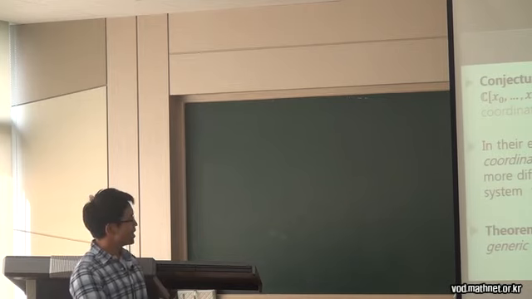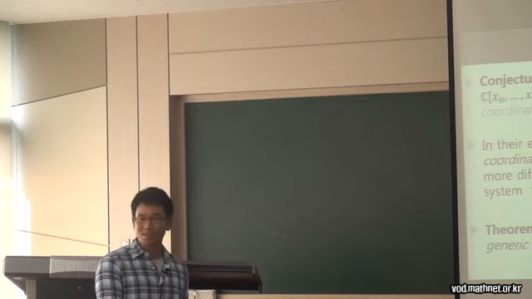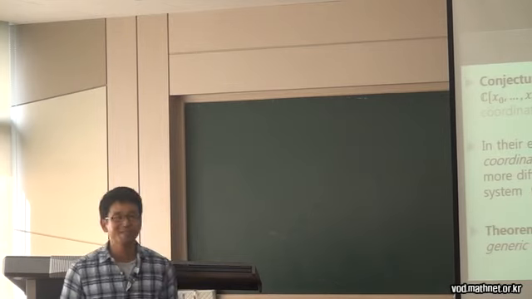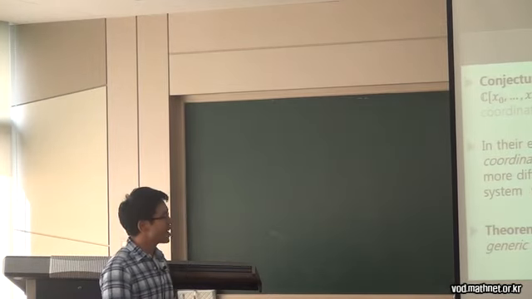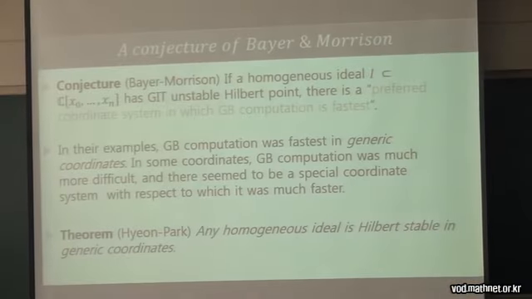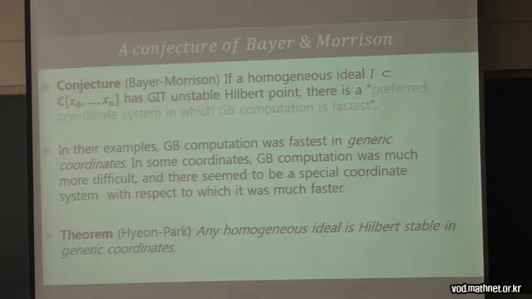And if you choose a coordinate carefully, then there's a really special coordinate system where GB computation is much faster. But then the negative thing in that example was that if you choose the coordinates generically, then it's the fastest. So what's the point of choosing this special coordinate system, right? So this is why they were not able to formulate the conjecture in a precise manner.